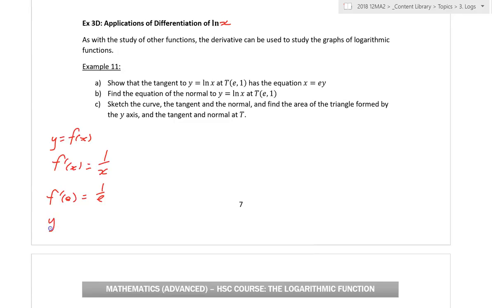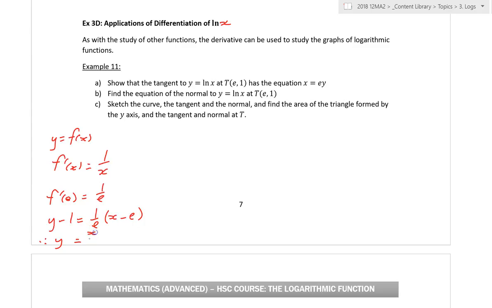Therefore, y minus 1 equals 1 over e into x minus e.